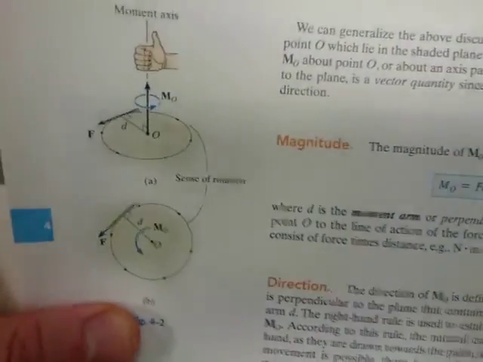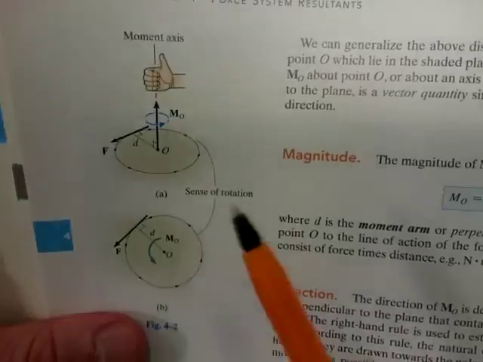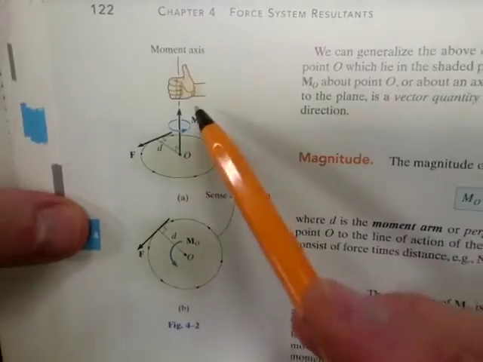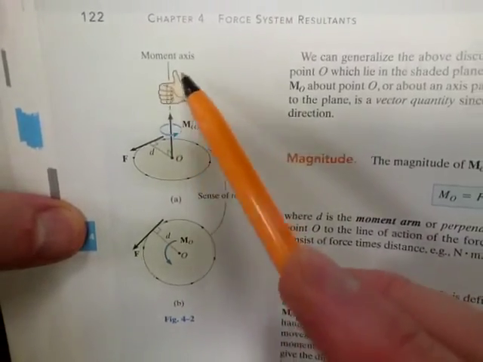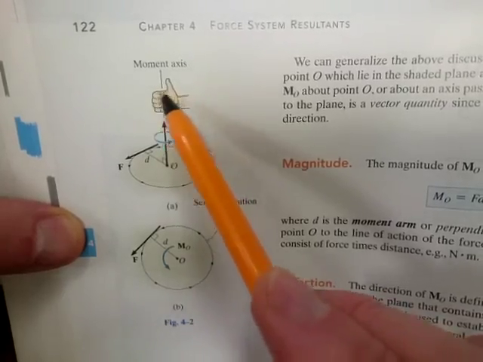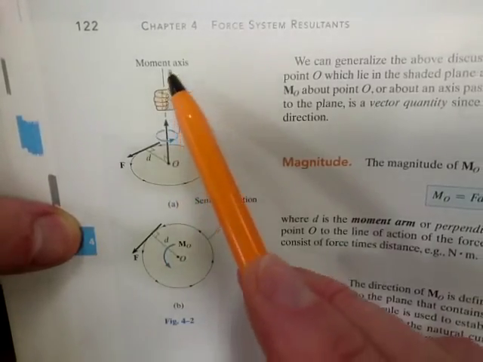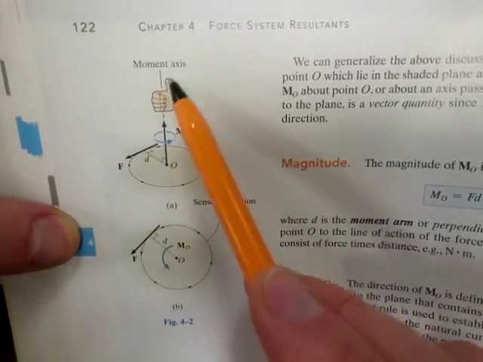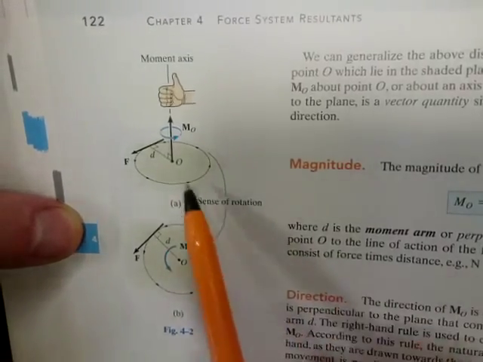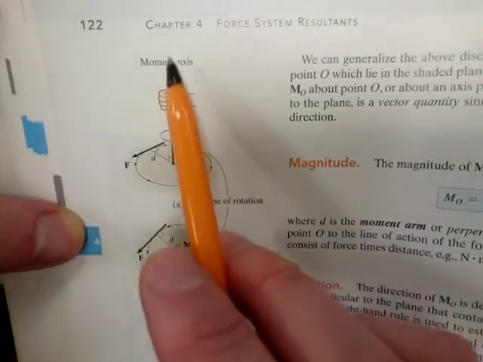What about three-dimensional space? This is a little bit more confusing, and I just ask you to please try and think about it, because it's actually not difficult. What you can see here, guys, is a hand. Remember I said in two-dimensional space we look at the curl of the fingers, but in three-dimensional space we look at the direction of the thumb. So when we speak about the direction of a moment, the direction is given by the direction of the thumb.